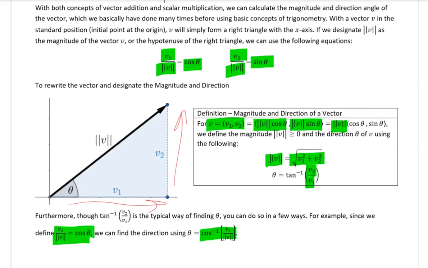So if your components lead to a vector that should fall in quadrant 3, you need to adjust the angle measure you get from tan inverse appropriately to get that new angle. Okay. So a lot of this is trig. This is just your basic trig, just with magnitude of v instead of hypotenuse. Same thing.